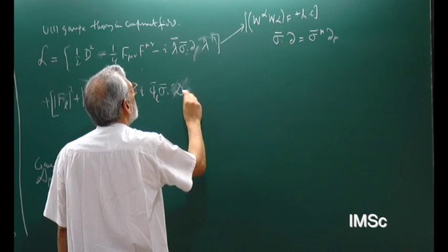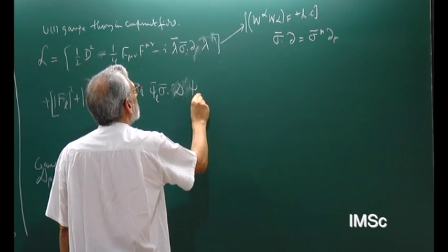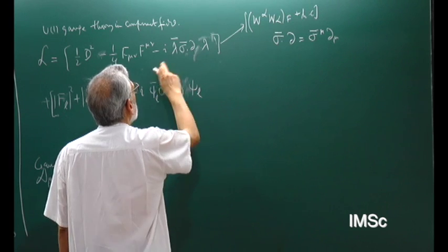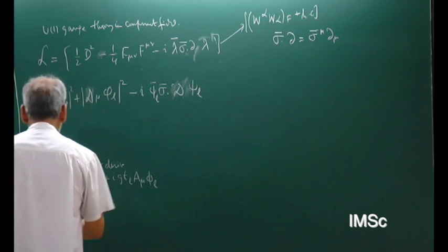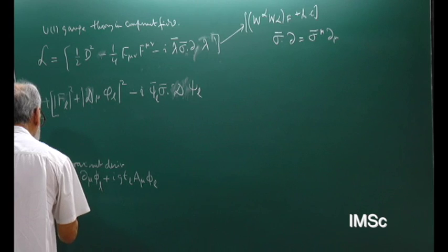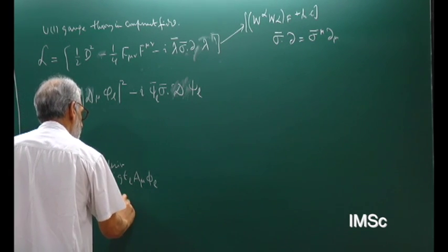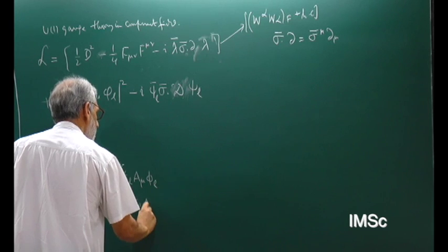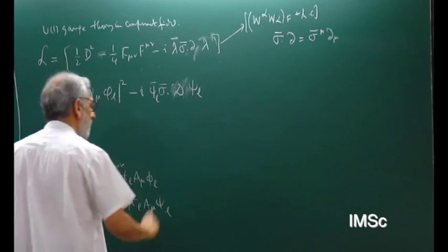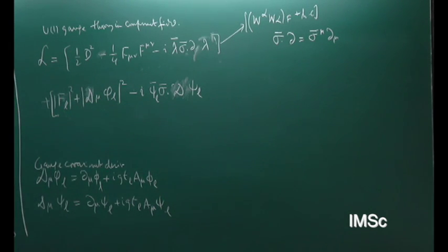Covariant derivative of psi_L. That's right. And the gauge covariant derivative on psi_L is d_mu psi_L plus i g T_L A_mu psi_L. So this is what we have.